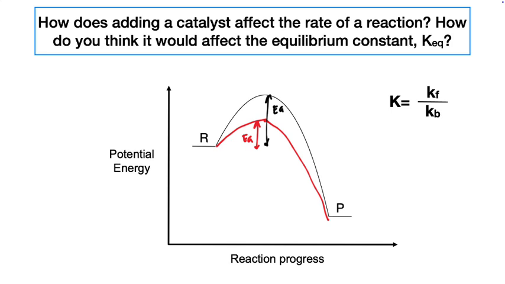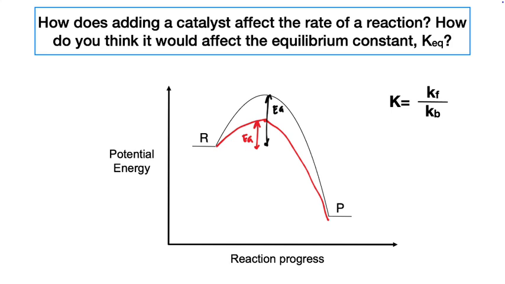So why is it not affecting K? Well, that K is not equilibrium K. The capital K up here is rate K, and if I change kf, capital K is going to change. What I've intentionally left out is what else changes.